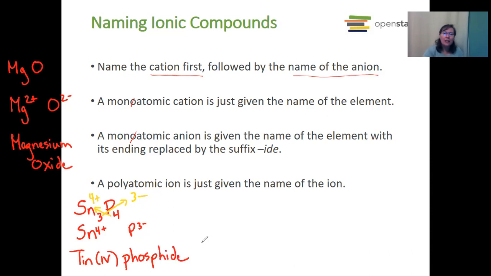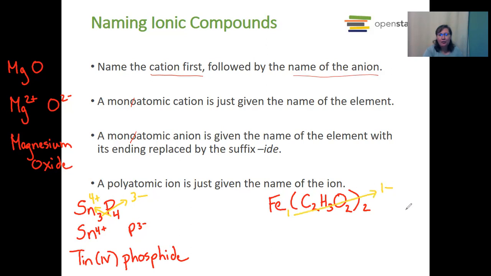Now let's take a look at it in terms of polyatomics. Let's say that we have Fe(C2H3O2)2. I look here and see how there's nothing here, so that means that there's one of these.